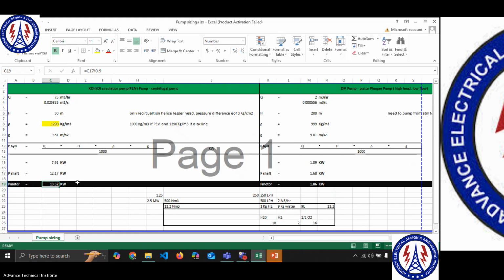Motor power is more than shaft power. We have given enough margins within these conversion factors, so that the motor is more powered and the shaft is less. It is approximate power only.